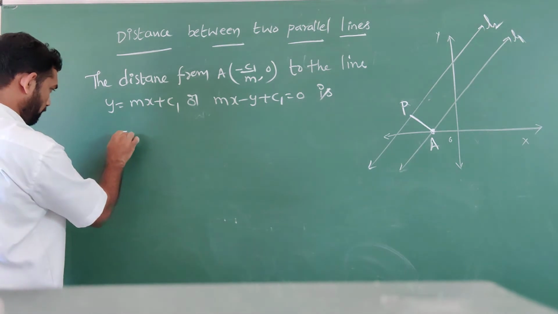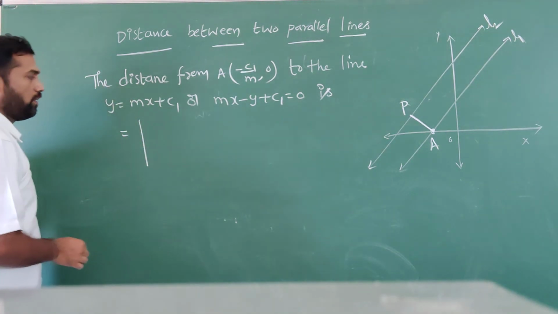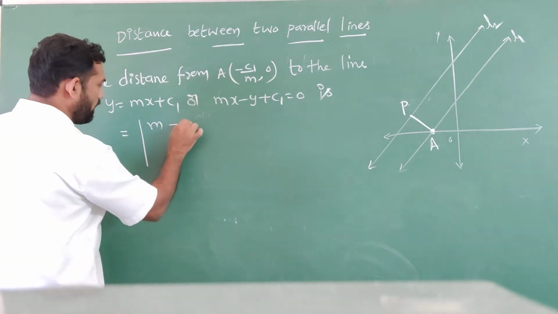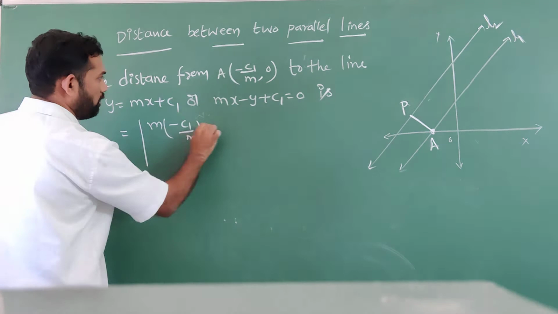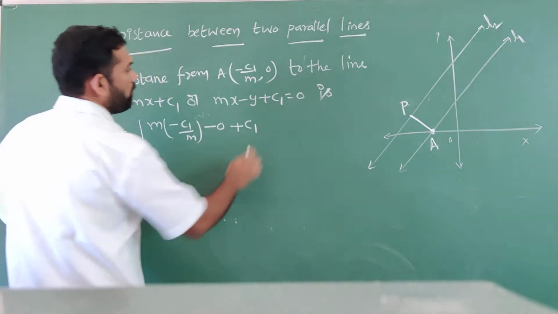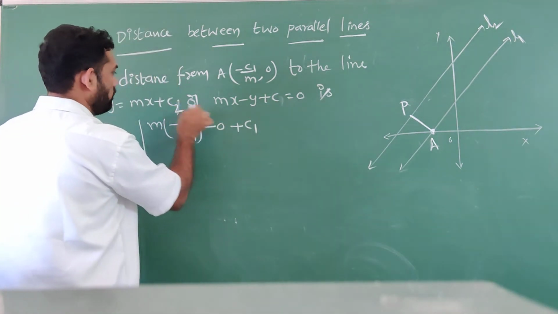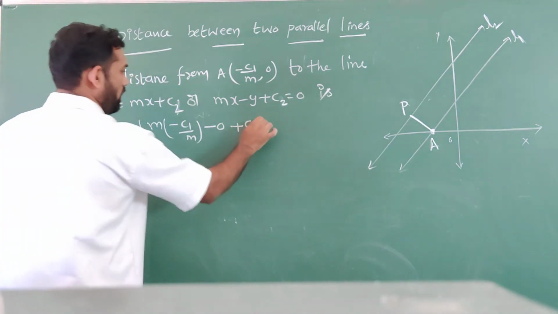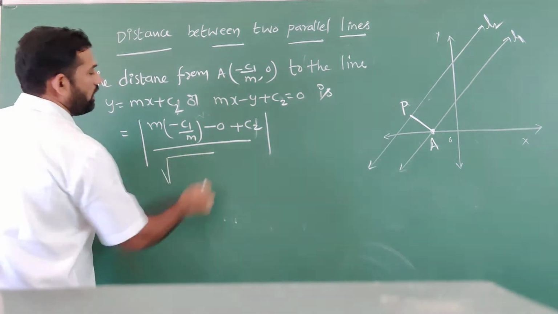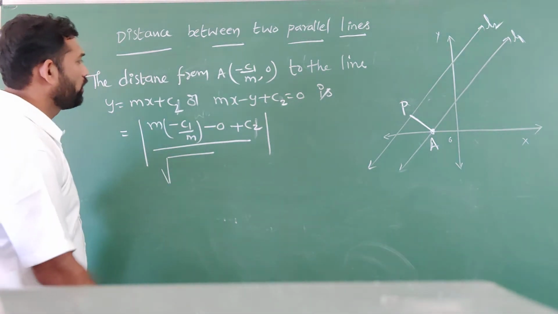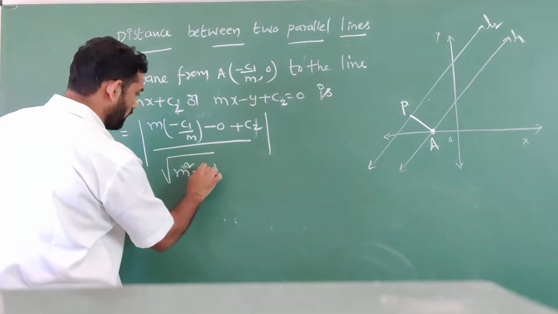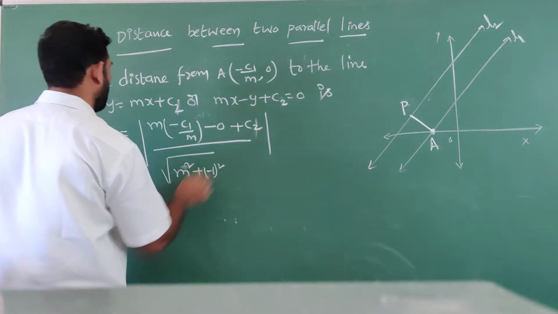So the distance is modulus of m into x value, minus c1 by m, minus y value 0, plus c2, divided by root over a square plus b square. So a means m square, b means minus 1 square.